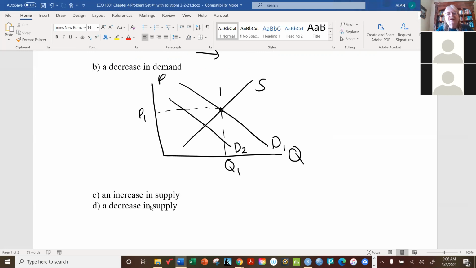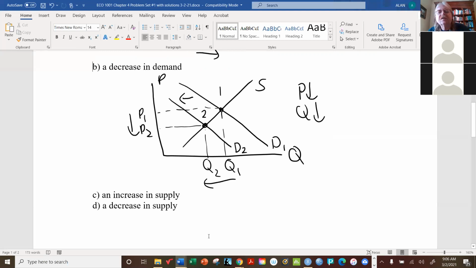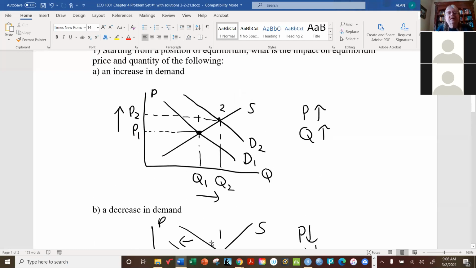And then we shift down here. That's our new equilibrium. There's been no change in supply. So the price went down and so did the quantity. Actually, what I could do is sneak in another arrow right here to remind us that that curve shifted to the left. And same thing up here, a reminder that the curve shifted to the right.